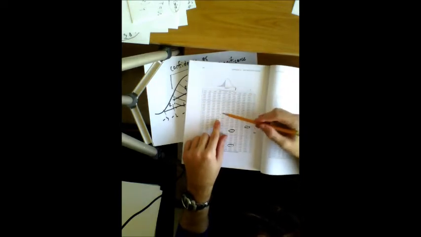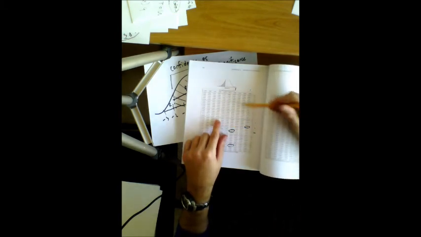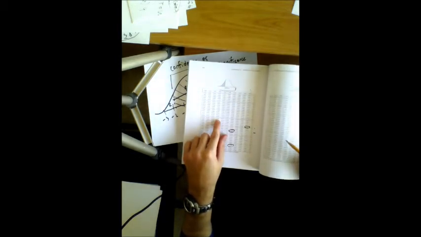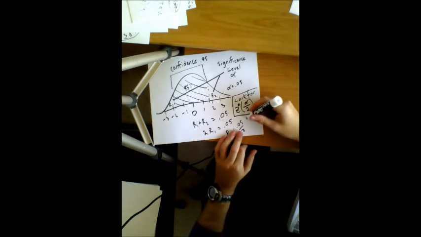Right there. If I read these off, this says negative 1.96. So negative 1.96 is what we call this z star value.